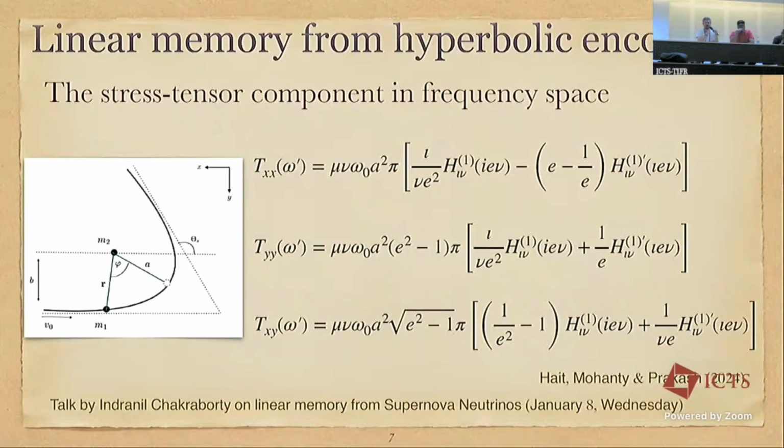I'm talking about two consecutive events where a memory is created, and the question is whether it can be wiped off by another event.